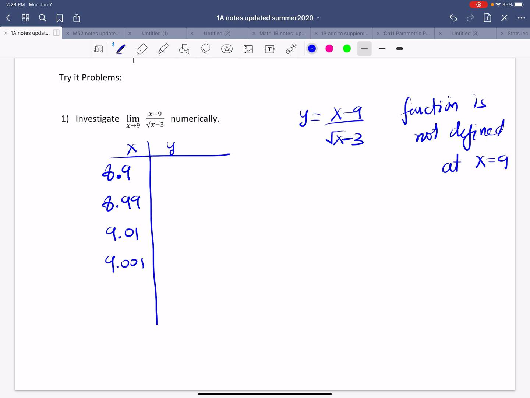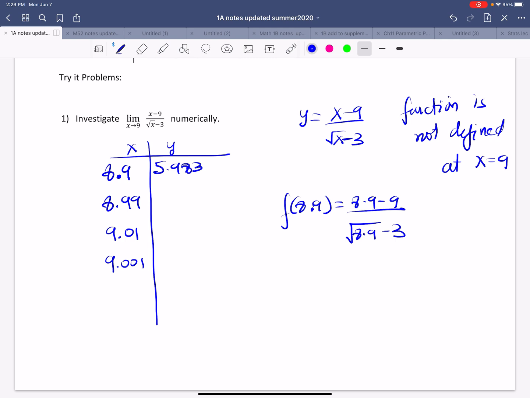So I'm going to go ahead and pick some values. You should pick more. Pick one or two more, but I'm just going to go with these for now. If I plug 8.9 into the calculator, f of 8.9 would be (8.9 minus 9) divided by (square root of 8.9 minus 3), and that turns out to be 5.983.